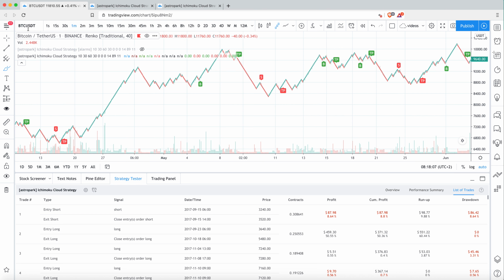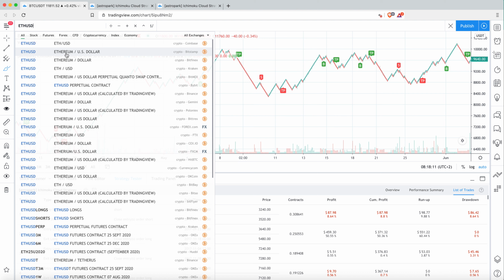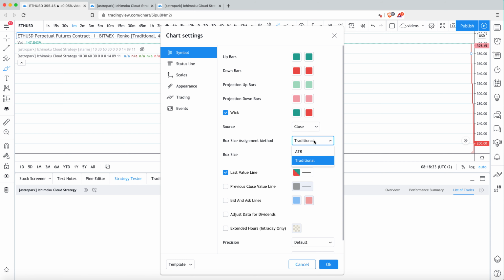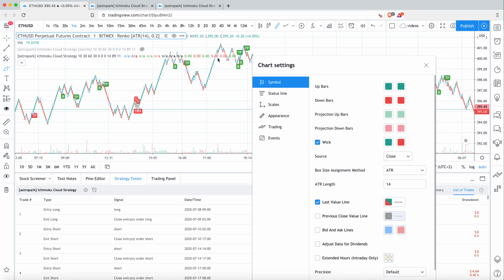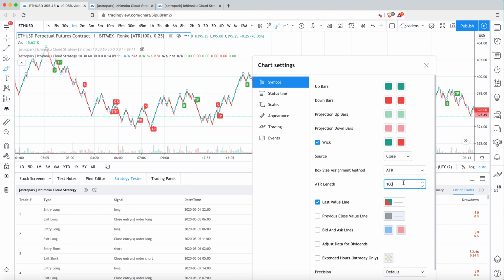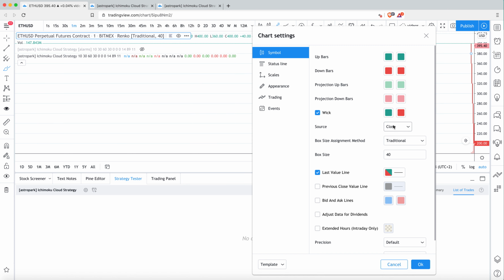By the way, let's see, for example, on Ethereum, how it would have worked. Let's check, for example, on BitMEX. On BitMEX, of course, 40 is not good. How do I start from ATR? Basically, I start here, but let's say 100. The suggested box size is always the same, so pretty useless.